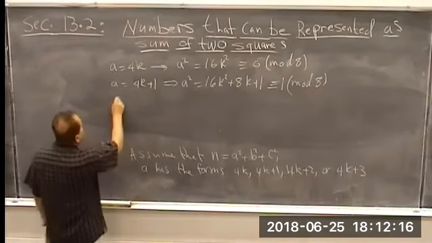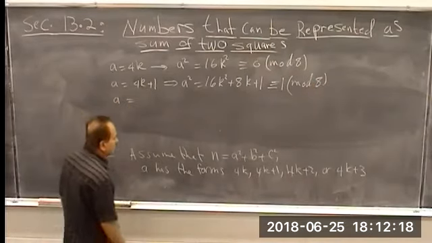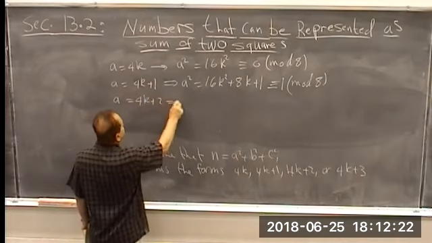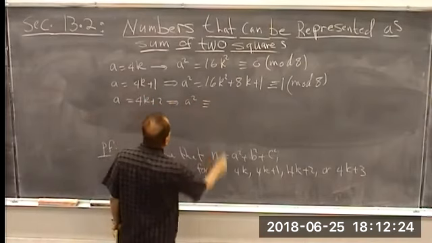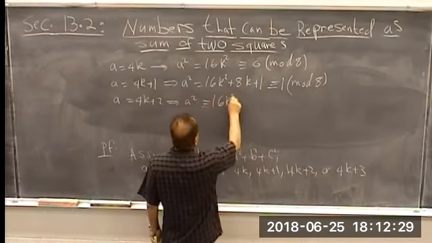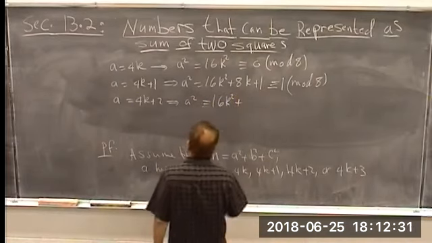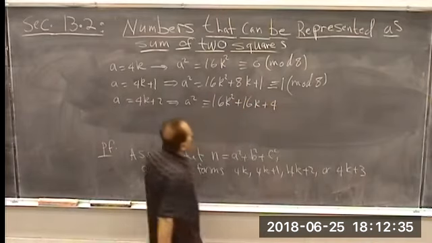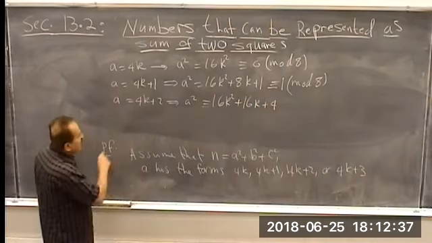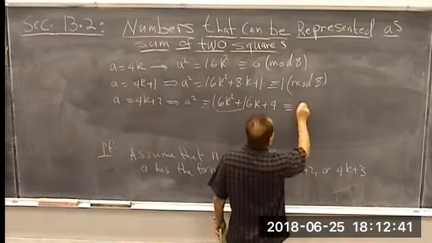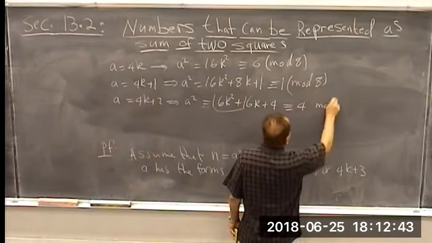Then A is of the form 4k plus 2. The square is going to equal 16 plus 16k plus 4, and this means it is 4 mod 8.